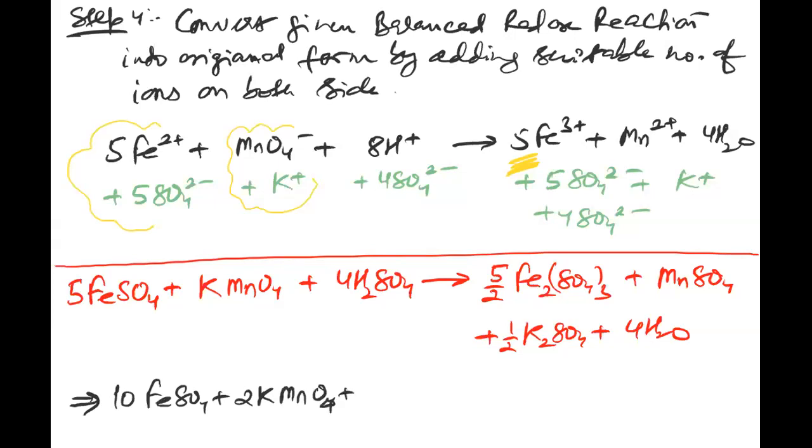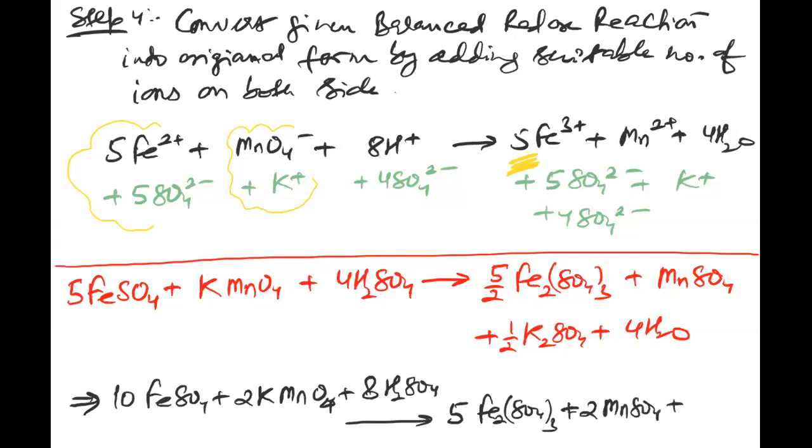plus 8 H2SO4 is converting to 5 Fe2(SO4)3 plus 2 MnSO4 plus K2SO4 plus 8 H2O.